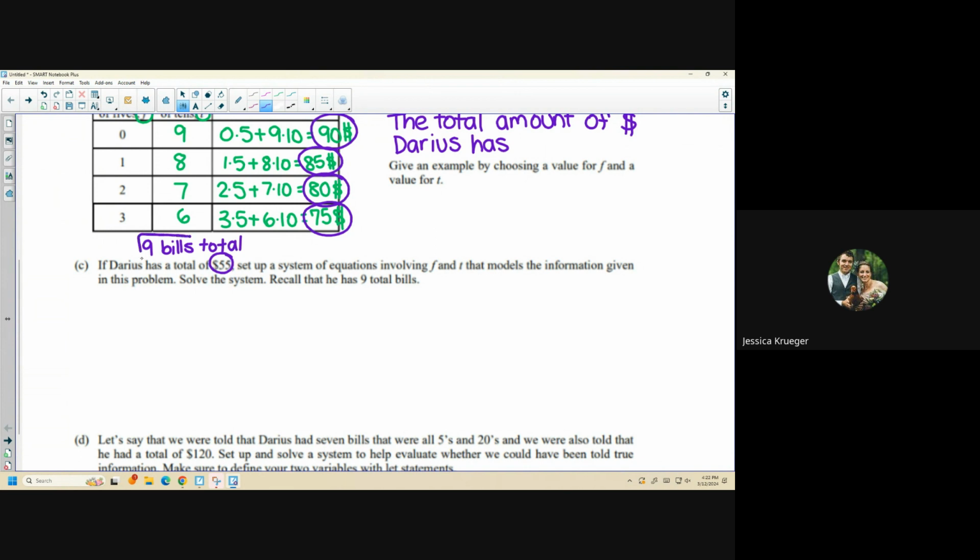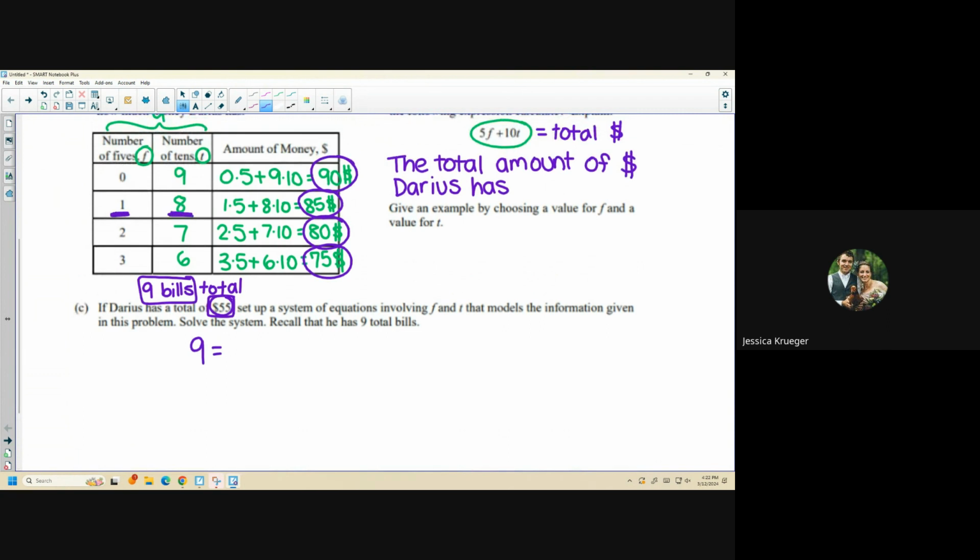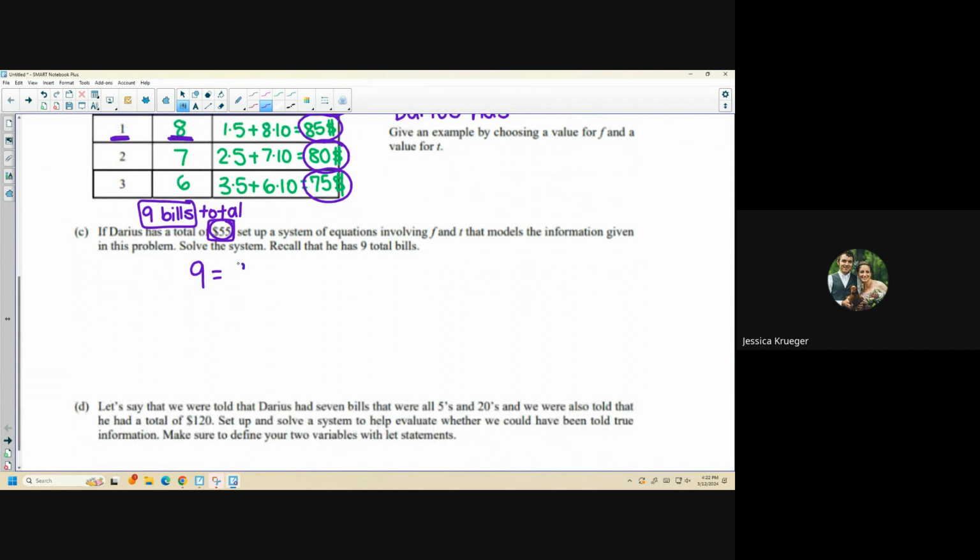I have a total that's telling me how many bills there are, and I have a total amount of money. So for the 9 bills, I don't care how much money they are. I just care that the value I have in my table for F and the value I have in my table for T add up to 9. So that would be F plus T has to equal 9.